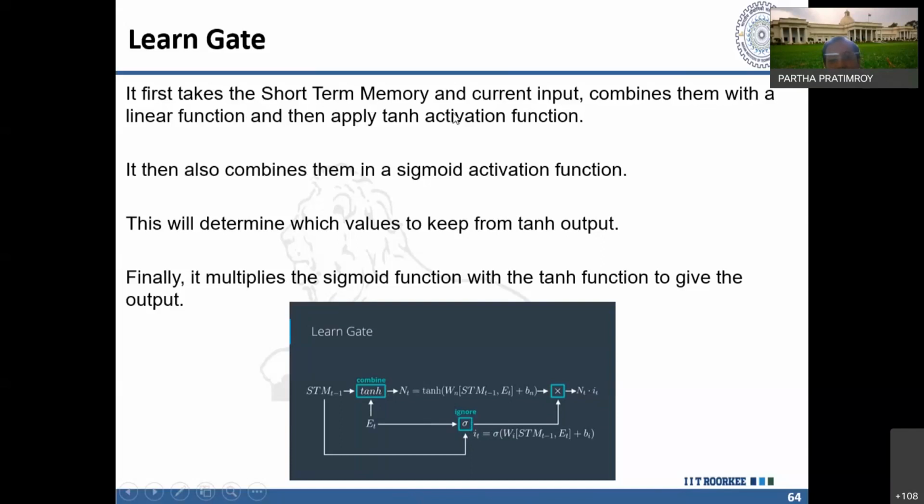It first takes the short-term memory and current input, combines them with a linear function and then applies tanh activation function, and combines in a sigmoid activation. Okay, this is a sigmoid activation. This will determine which values to keep from this tanh output. So some information it may avoid. Okay, so using this multiplication function. So finally, with STM and I minus 1, you will have these two pieces of information, Nt and Ii, okay, multiplied.